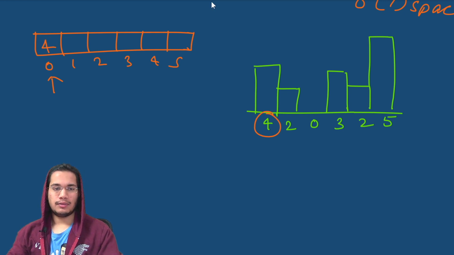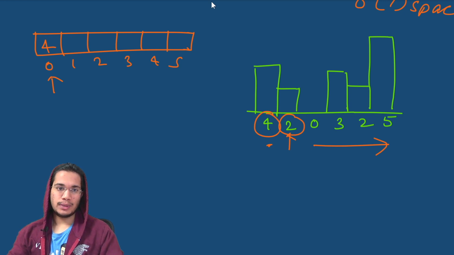Now, when we go to the second building, we'll check if the height of this current building is larger than the height of the tallest building that we have found till the preceding index, which is 4. Out of these, the one which is taller is going to be stored at this particular index. So in this case, out of 4 and 2, since 4, the previous tallest height, is taller than 2, we'll store 4 here itself.